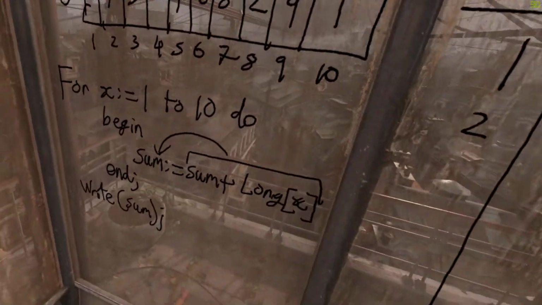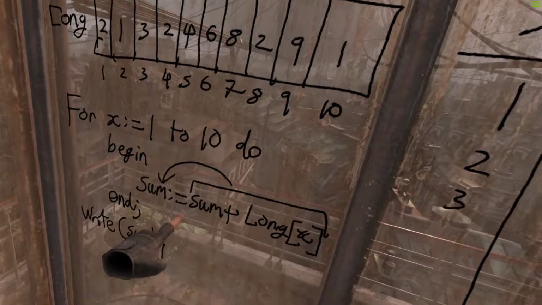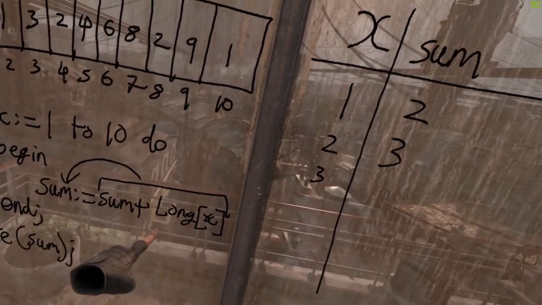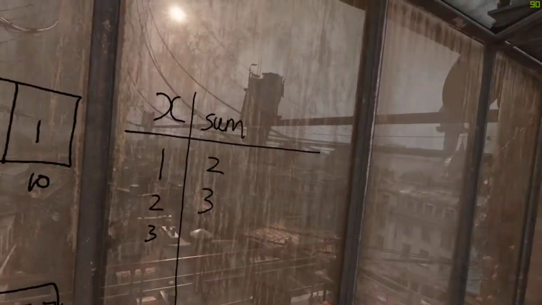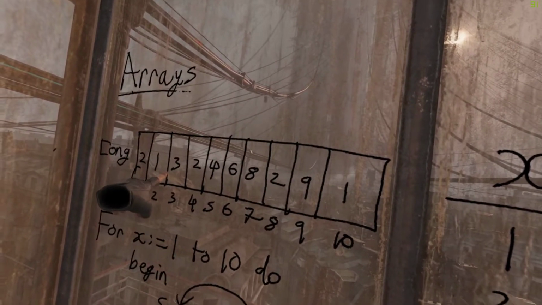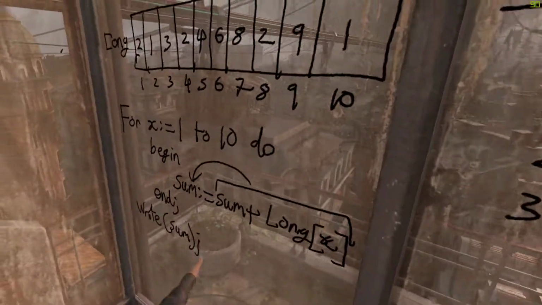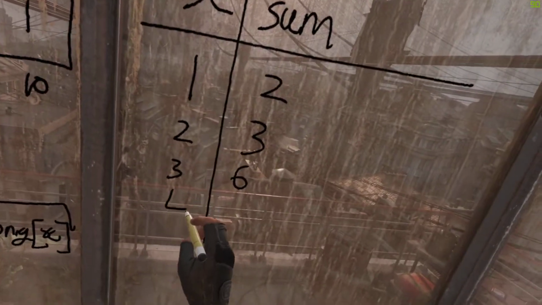Go back up. X becomes 3. Sum becomes sum plus long[3]. Sum is 3, and 3 plus long[3], which is 3 as well, so 3 plus 3 is 6. Go back up. X becomes 4.